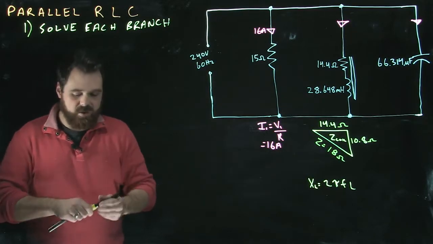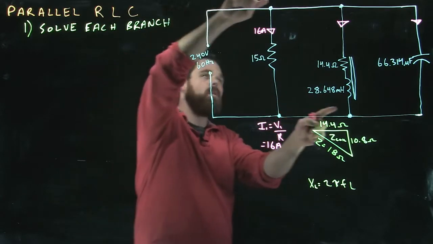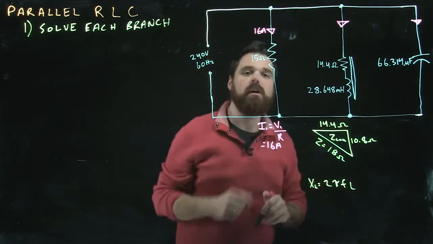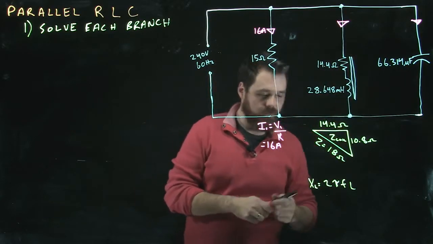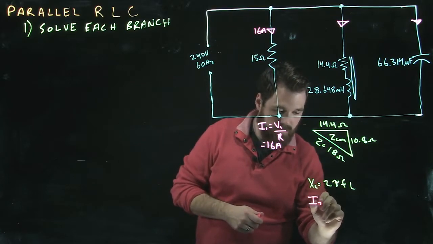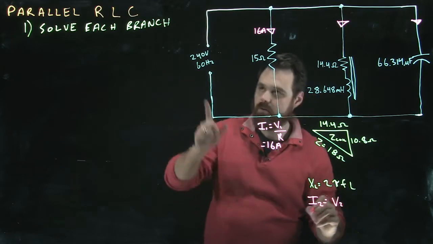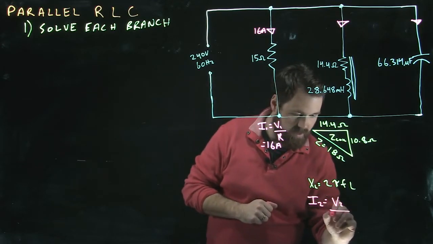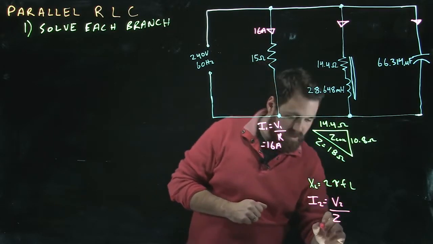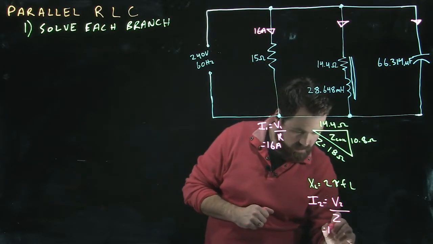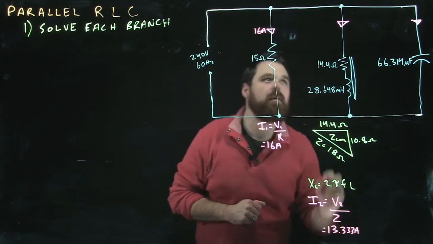Now, once we have the Z of the coil, we can figure out the current that is flowing through this branch. We can use 240 volts, which is the voltage across the coil, divided by the impedance of the coil. So we'll call it I2, flowing through the second branch, equals V2, 240 volts, divided by Z of the coil, which in this case gives us 13.333 amps.